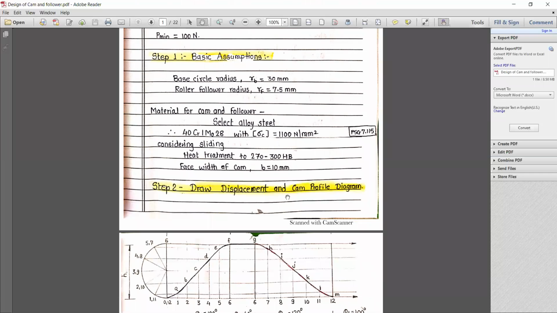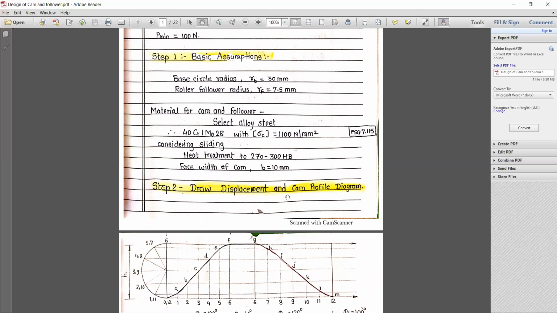About the selection of material, referring to page number 7.115, a suitable material for cam and follower is 14 Cr 1 Mo 28 with contact stress sigma C equal to 1100 Newton per mm square.